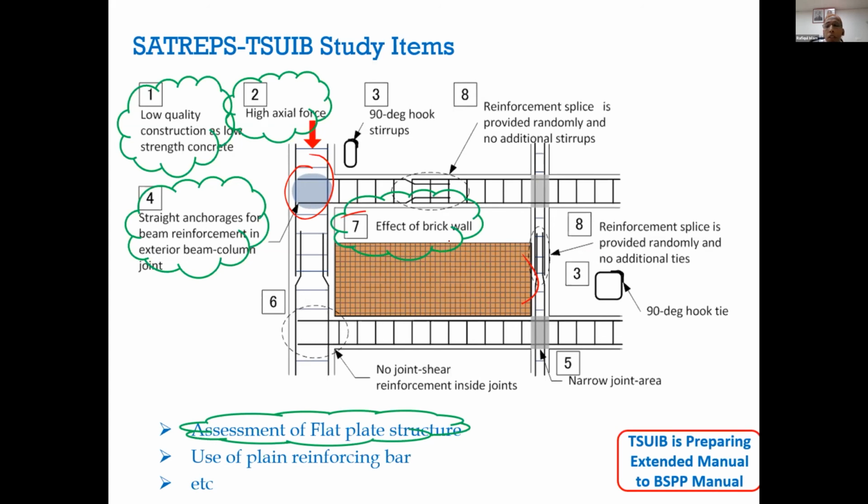With those, the SATREPS is now preparing the extended manual of the PWD manual. Later the presenters will discuss what to do about this issue in seismic assessment. And PWD is also upgrading its present manual.